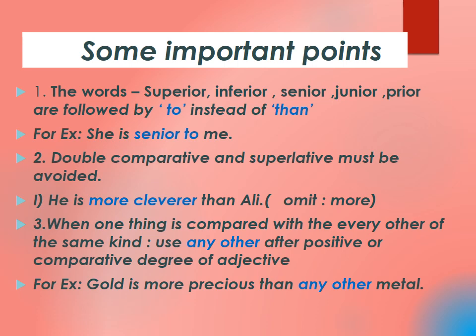So I will use the words any other. I will exclude gold from the other metals. But you need to keep in mind that we use any other when we are comparing the thing with every other of the same kind and we are using the positive or comparative degree.